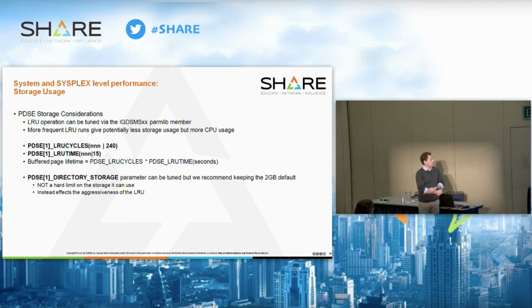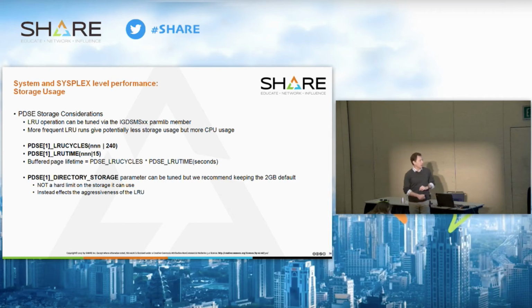We also have a parameter that's slightly misleadingly named the PDSE directory storage parameter. This is by default 2 gigabytes, and I bet almost nobody in this room has this actually set. A lot of folks have thought that it's a hard limit on storage. It's not. Again, we have no hard limit on PDSE storage usage. What this does is effectively it's a limit at which our LRU gets much more aggressive.